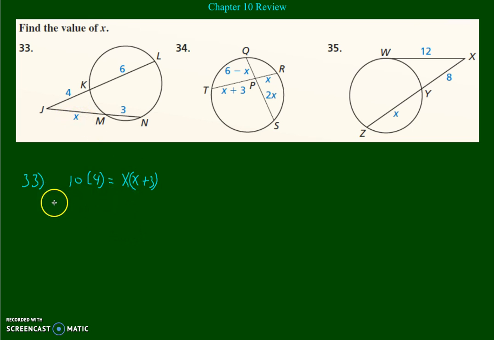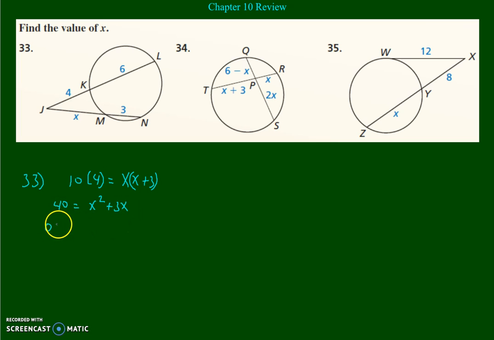Now, to solve this, we have 40 equals x times x is x squared, x times 3 is 3x. Now we have a quadratic we're going to have to work with. So let's subtract 40 from both sides.